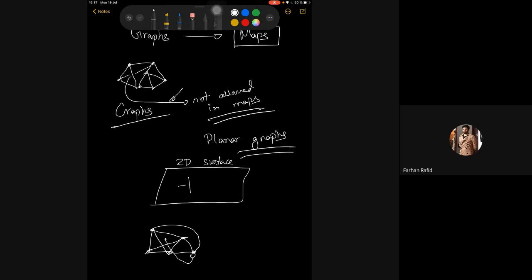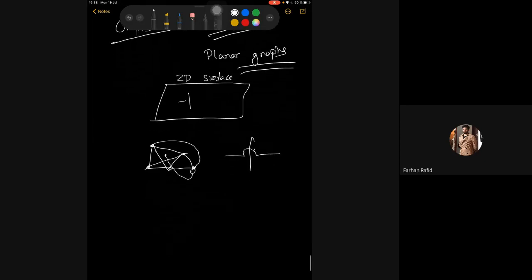If you're in 2D, overlapping lines take you to another dimension. For example, if you have this and I want to go there, I have to basically jump over this. That's not a good way of doing things in 2 dimensions. So for these 2 reasons, graphs are not a good idea for describing a 2D surface.